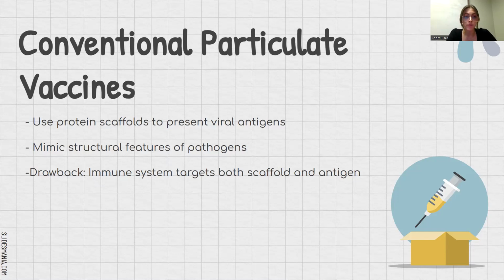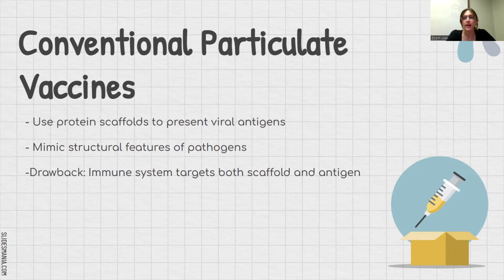They use protein scaffolds to present the viral antigens, and viral antigens just means like a virus, while mirroring the structural features of the pathogens. Pathogen, again, just means like the virus. This is to be able to initiate an immune response.